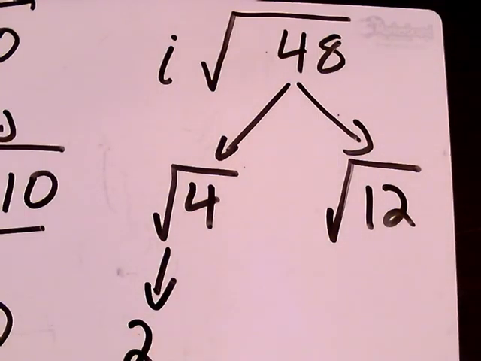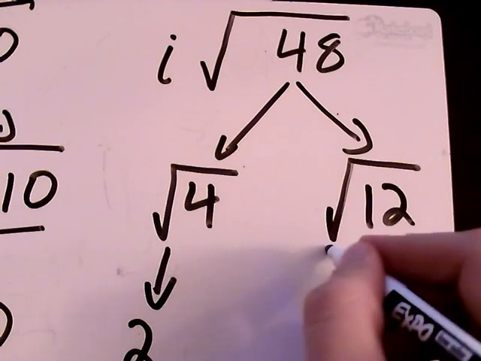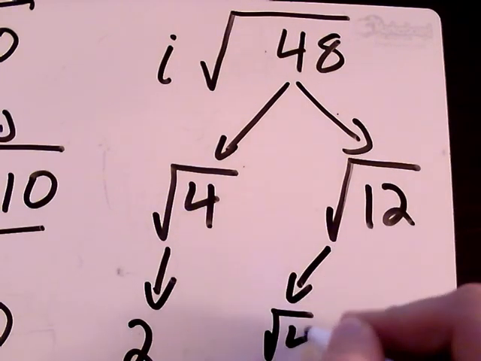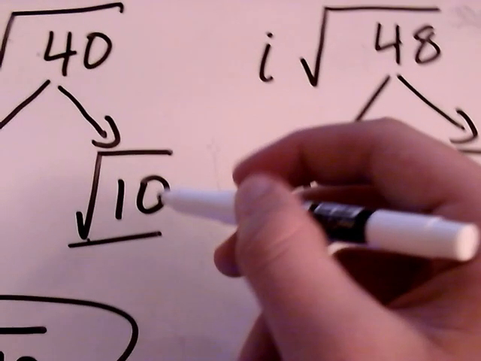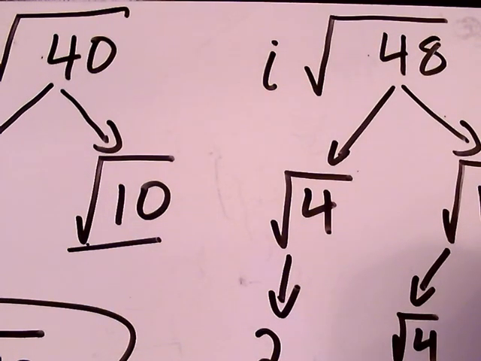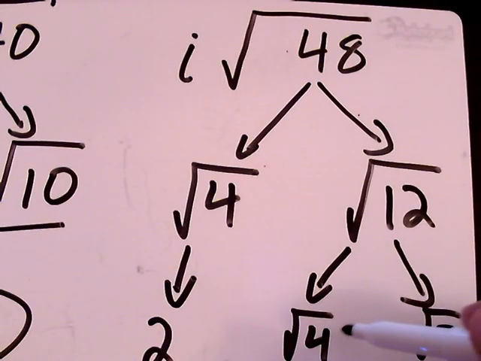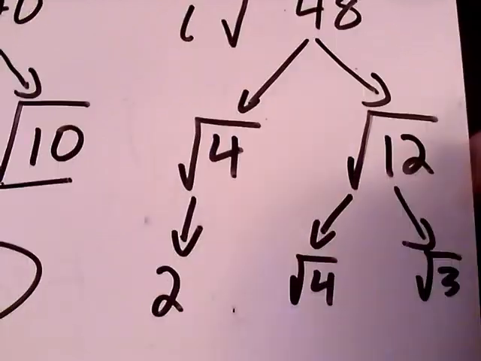Now, we are not done yet. We cannot get to our final answer because 12 can be broken down again into the square root of 4 and the square root of 3. That's why we did not split up 10 in the previous case, because 5 and 2 are not perfect squares. But since 4 is a perfect square, we can split up 12.